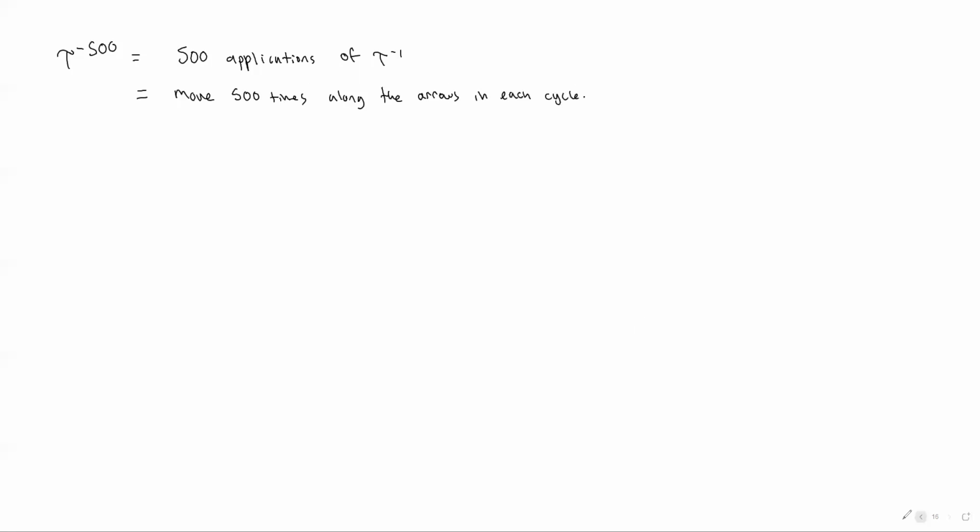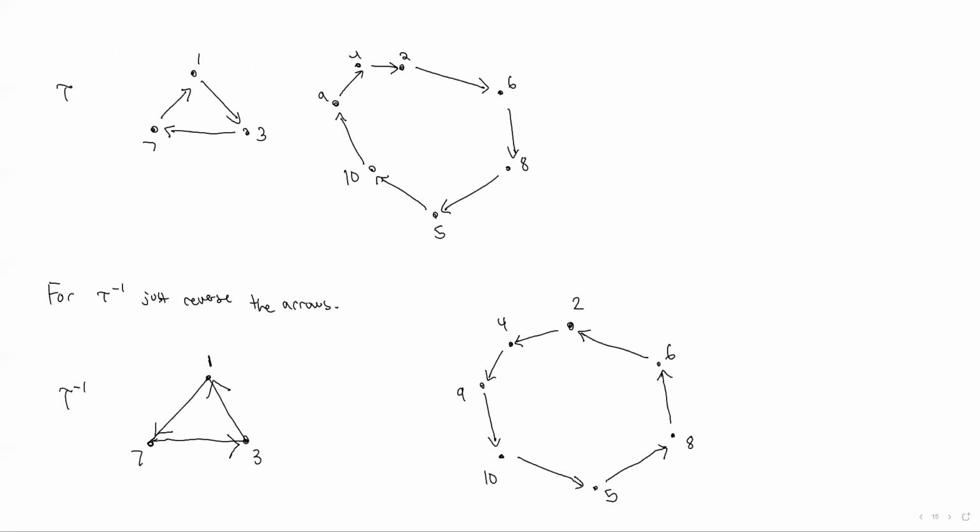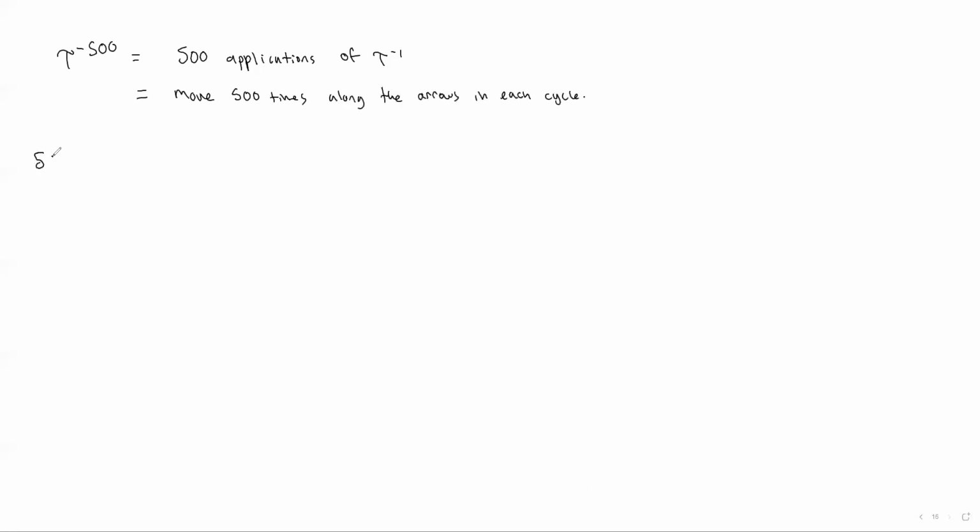So in the first cycle, it has length 3. So we'll write 500 is 3 times 166 plus 2. If you move 500 steps, you'll just go back to yourself 166 times, because every 3 steps you get back to yourself. And then you move 2 additional steps.